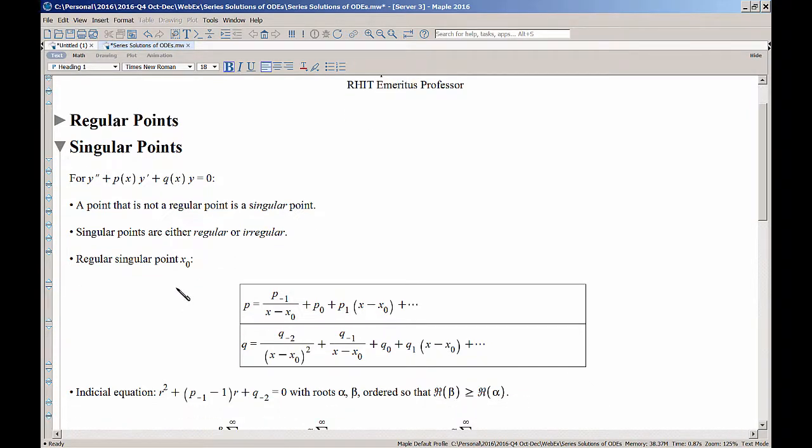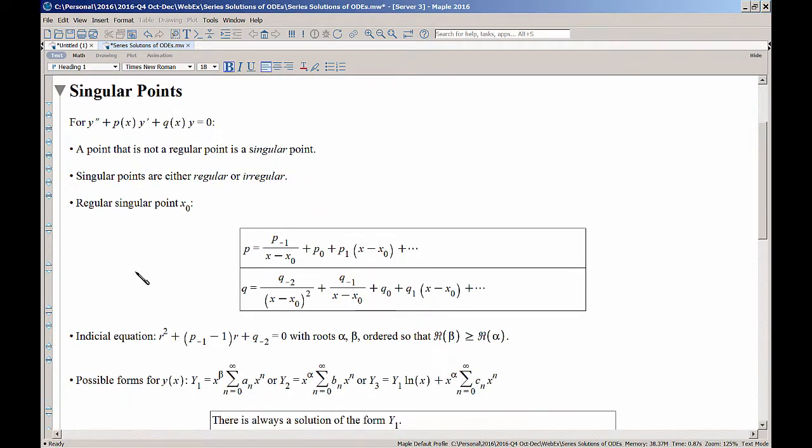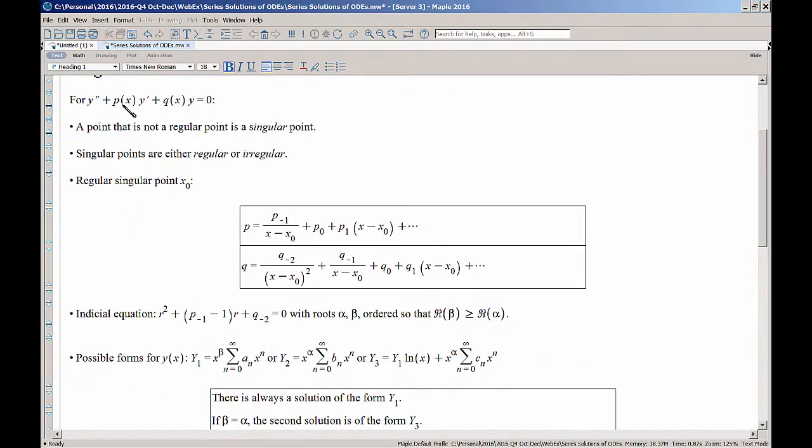So what's a regular singular point? The coefficients P and Q are not analytic, because if they were, then it would be a regular point. So the coefficients are not analytic. And we are prescribing how not analytic they can be. They have Laurent expansions.